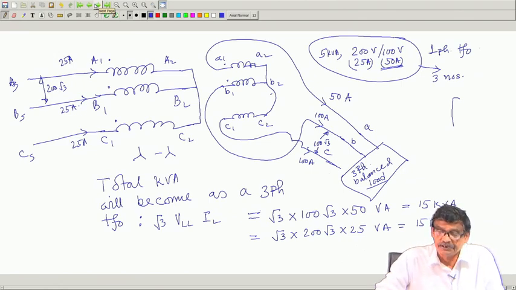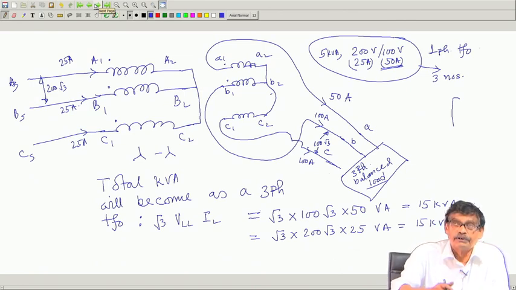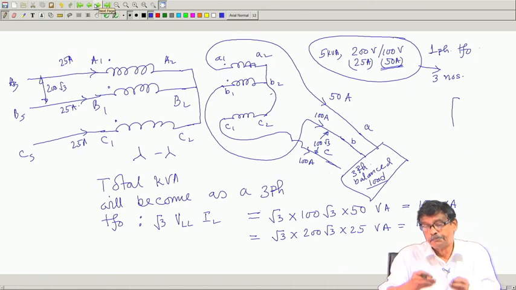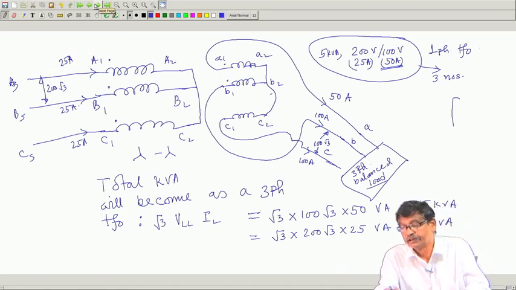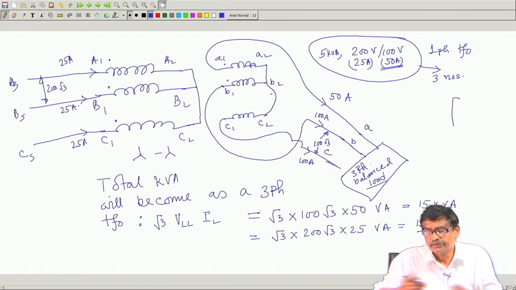The rating of each transformer was 5 kVA, and the maximum kVA this three phase transformer, formed by using three single phase transformers, will become 15 kVA. It is pretty fine; each one is 5 kVA, you can handle 15 kVA.